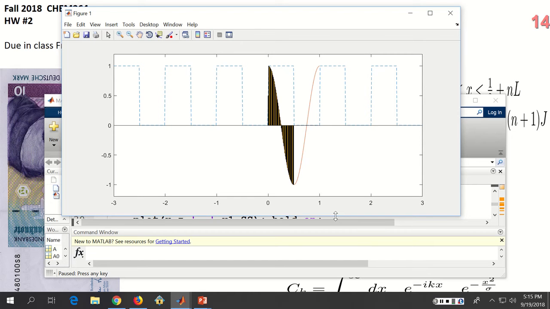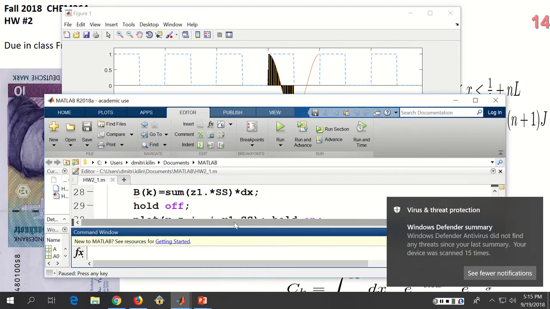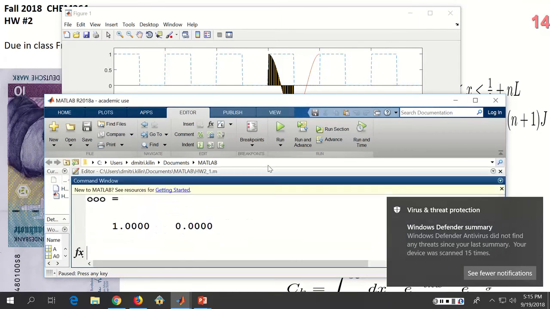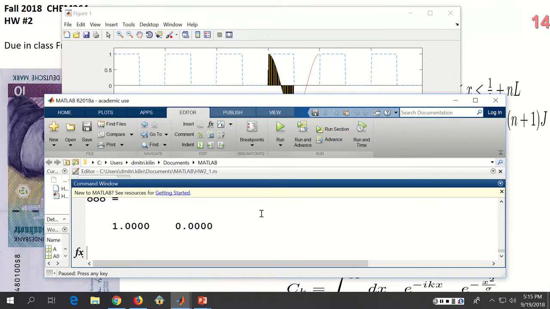Since positive and negative compensate each other, the value for this integration will be 0. So for k equals 1, the contribution will be 0.